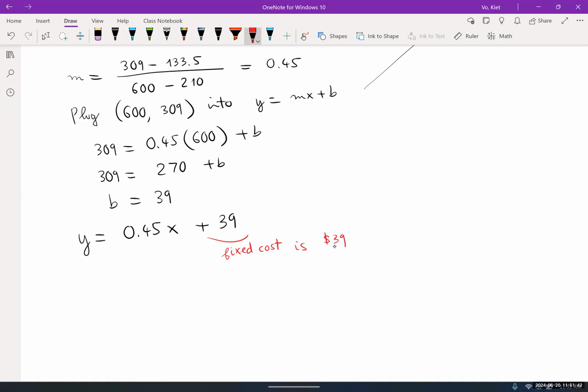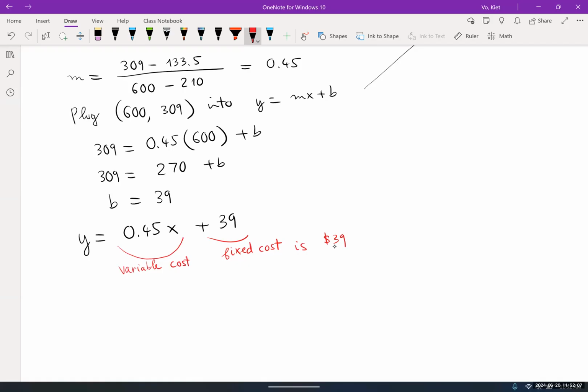To get the total monthly cost, you take the number of minutes you use, which is x, multiplied by how much it costs per minute, which is 45 cents. When you take 0.45 times x, in business, this is called the variable cost. When you add the variable cost with the fixed cost, that gives you the total cost.